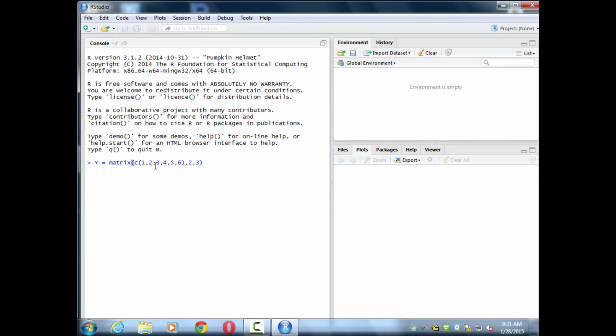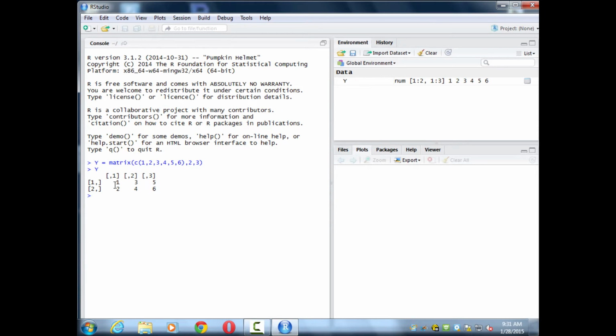Okay, so I'm going to hit enter. And now I'm going to display what we just created. So the numbers stored in this variable Y are 1, 2, 3, 4, 5, and 6. You may observe that these numbers follow a pattern in which they are stored by column, right?